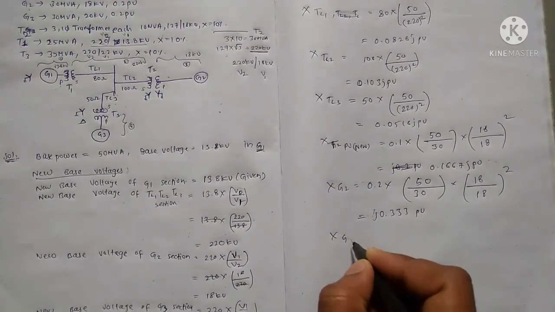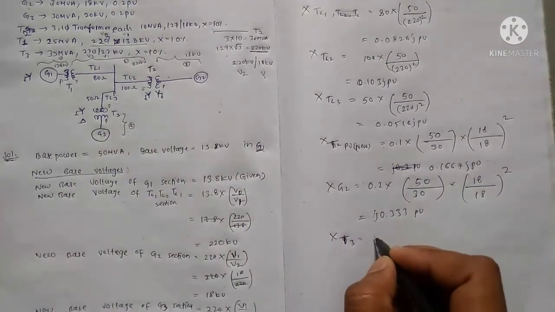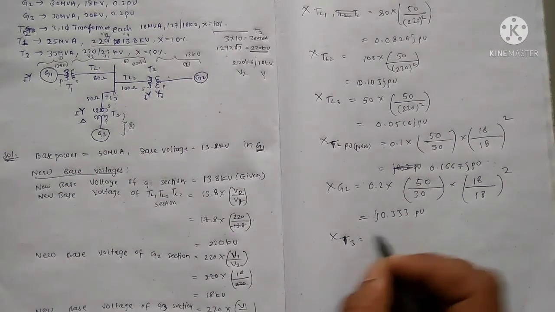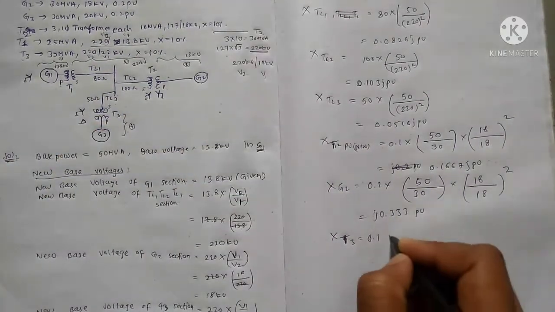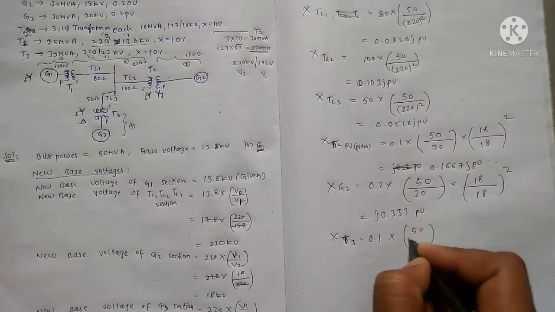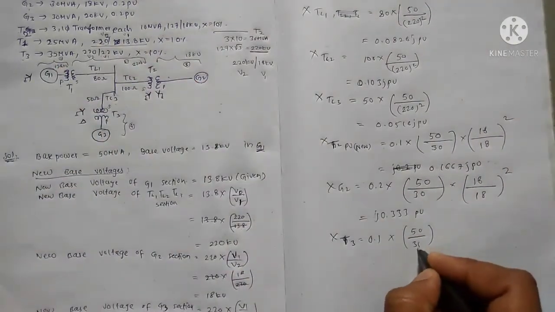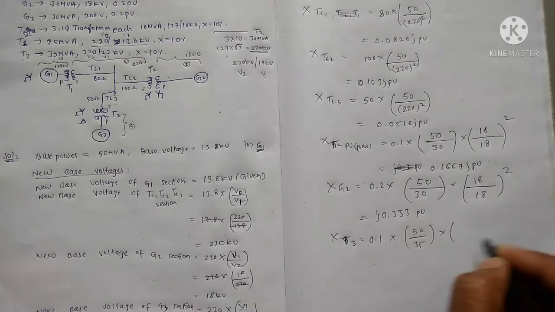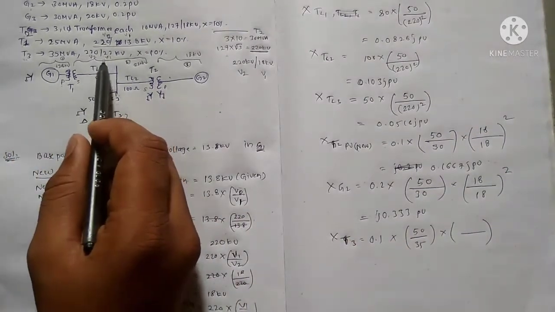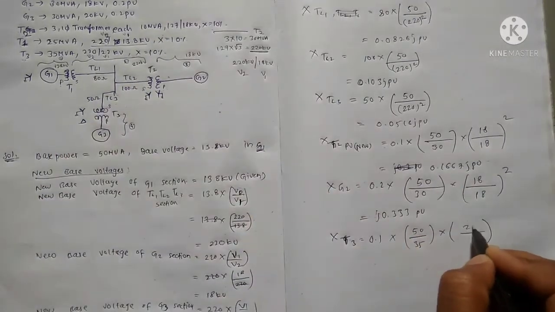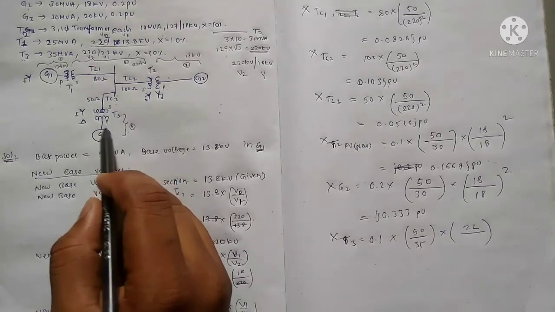Now for T3 transformer, T3 new is equal to old pu of T3 given as 10%, that is 0.1 multiplied by new power divided by old power. Old power of T3 is 35 MVA multiplied by voltage square. T3 primary voltage, that is V1, right, 22 divided by primary of T3 is here.